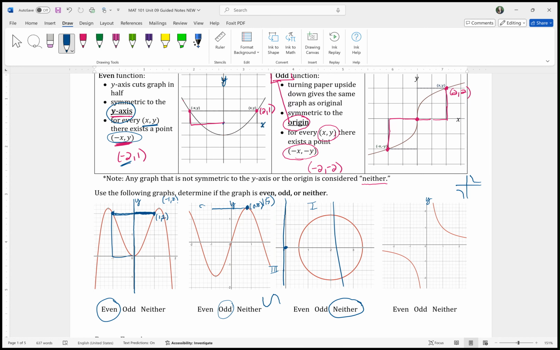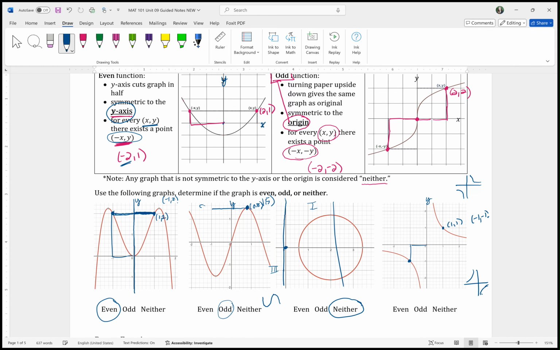Or your last check is pick any point on the graph in the first quadrant. This one's 1, 1. See if you have both signs change, if that point's on the graph as well. So do we have a -1, -1? Yes. Okay. Now I do want to say, I'm always saying pick something in the first quadrant, but it may not have part of the graph in the first quadrant. Sometimes it'll look like this.